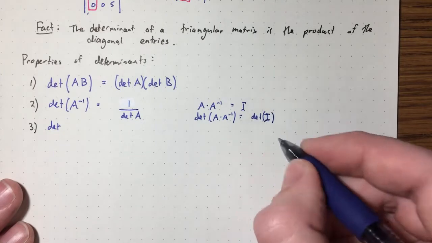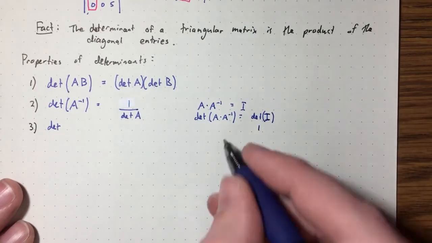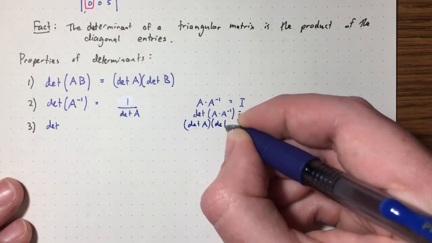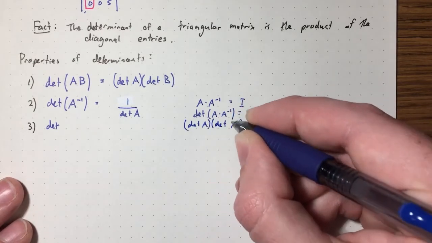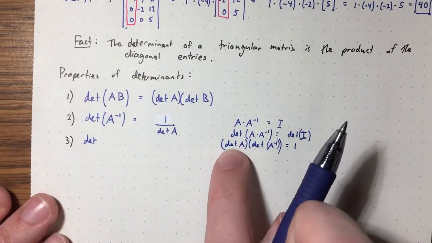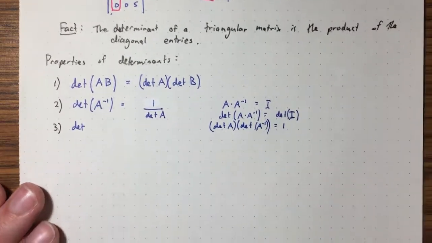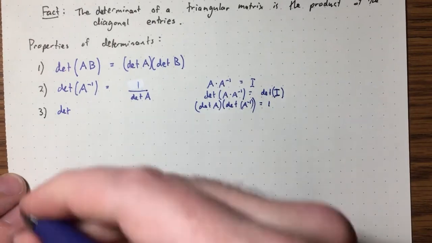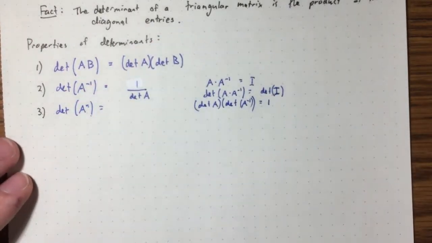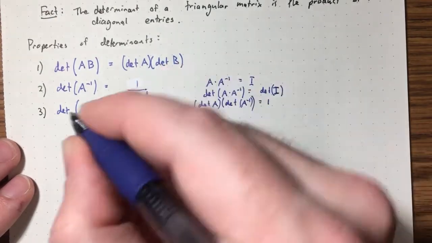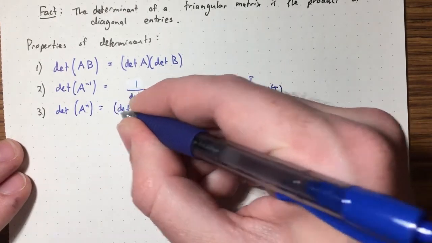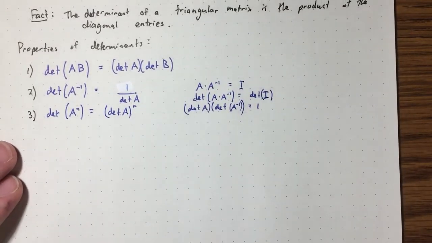So the determinant is just the product of all the ones, which is 1. And here we get a determinant of A times the determinant of A inverse by the first property. That equals 1. If I divide by that determinant of A, I get 1 over determinant of A. Similarly, this is another one we could just deduce from the first property. Determinant of a power of a matrix is just, well, you take the determinant of A and you multiply it by itself n times.